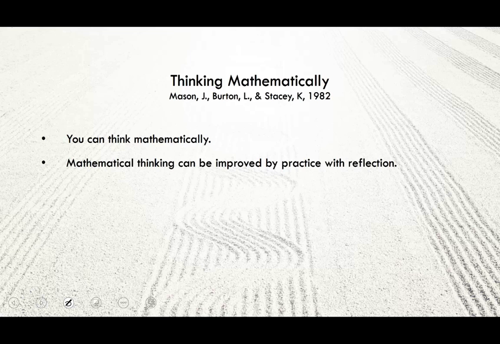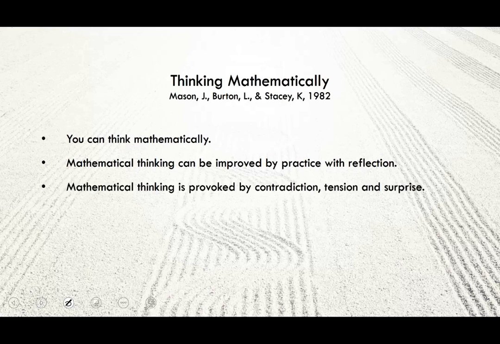Mathematical thinking can be improved by practice with reflection: give them the opportunity to think by themselves, rather than the teacher explaining it, and then give the opportunity to reflect. Mathematical thinking is provoked by contradiction, tension, and surprise. Sharing their ideas and discussing multiple different approaches definitely gives opportunities for contradiction, tension, and surprise.